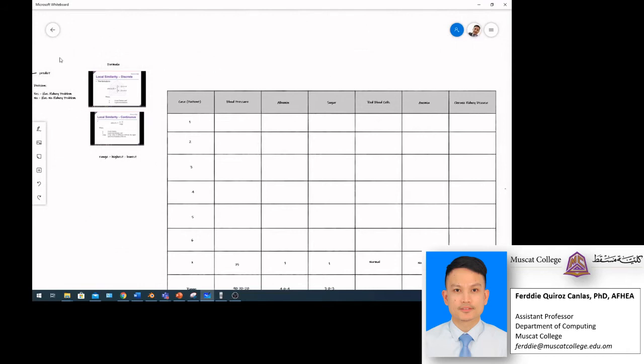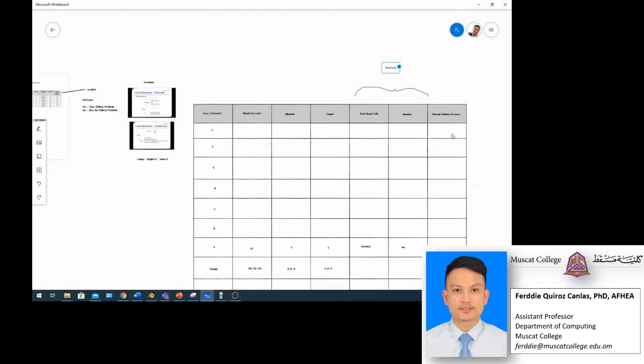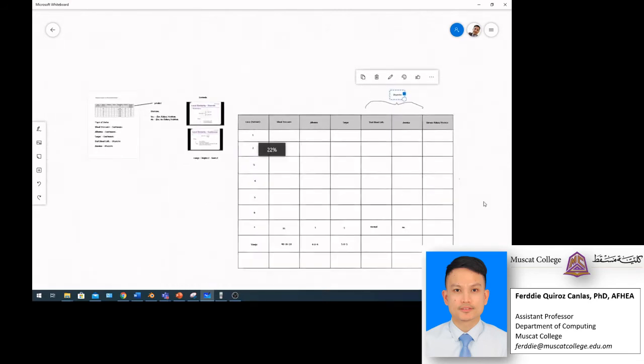So if you will notice, these two here are discrete, right? So this problem is a combination of discrete and continuous values. Okay, so we can now proceed, I guess.